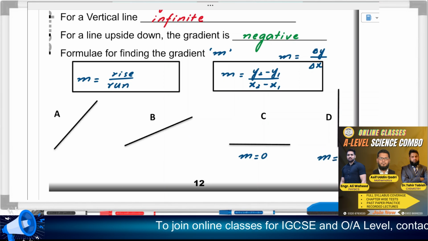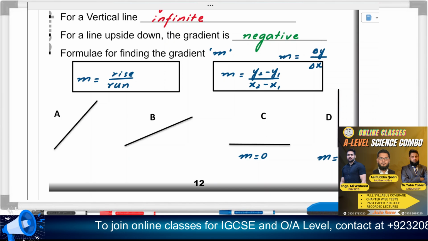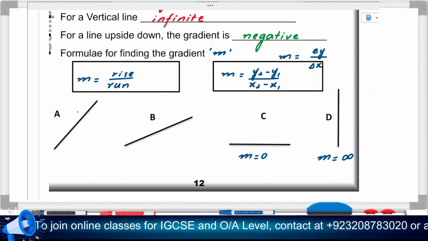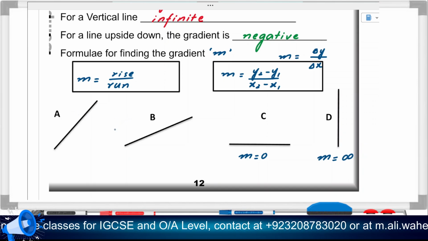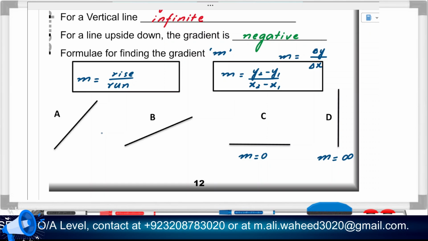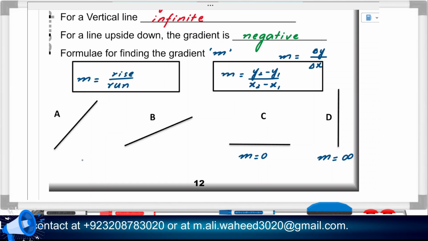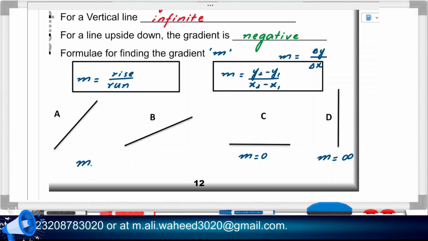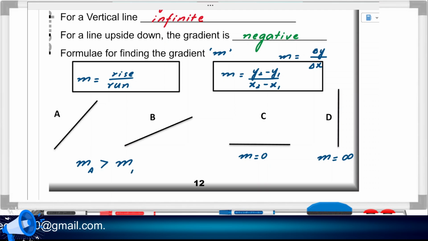Okay, so the gradient is infinite, undefined. If I compare A and B, which one has greater or higher gradient, A or B? Okay, so I'll be writing like this: gradient of A is greater than the gradient of B.